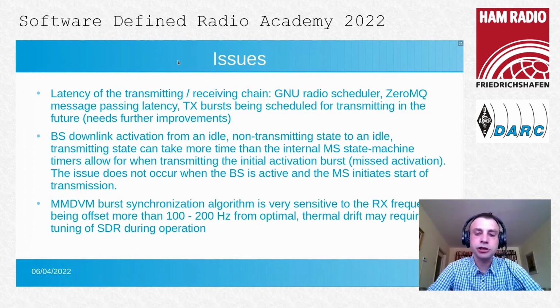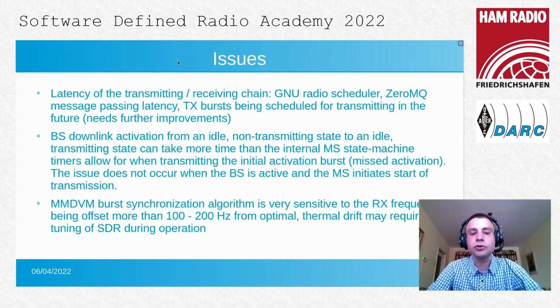And it turns out that in our case, the latency of this whole data processing mechanism is a bit more than the mobile station can allow for. So when transmitting the initial activation burst, we sometimes have a missed activation. The mobile station will not be able to detect the base station in time, and will basically give us an error.